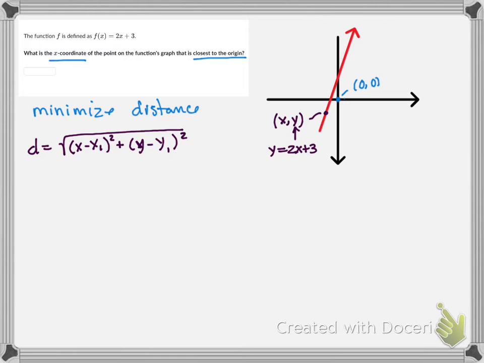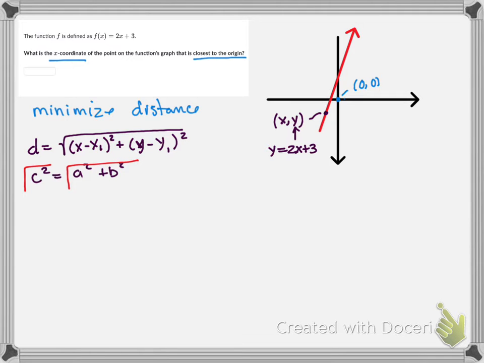This is really just our Pythagorean theorem. It comes from c squared equals a squared plus b squared. Solving everything gives us this distance formula.